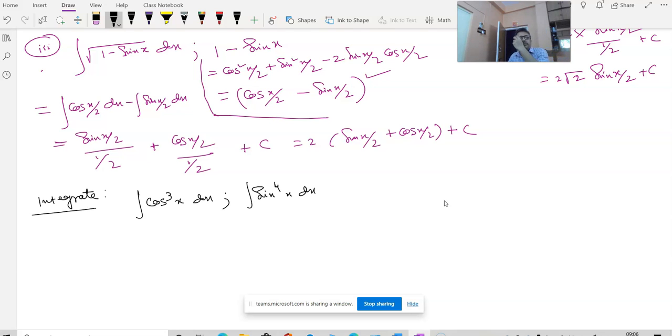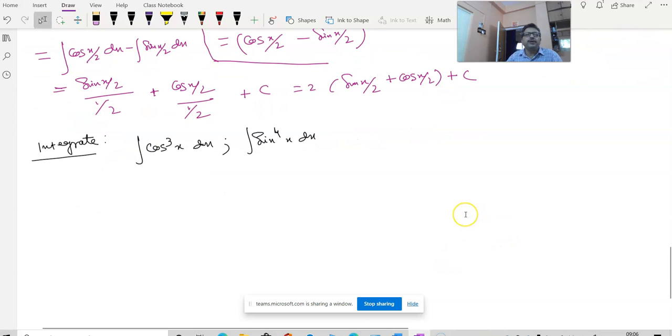Let us do these two. Integrate cos cube x dx plus sine to the power 4x dx. How to integrate? No substitution, nothing. Whatever we have done, we will be doing based on that only.